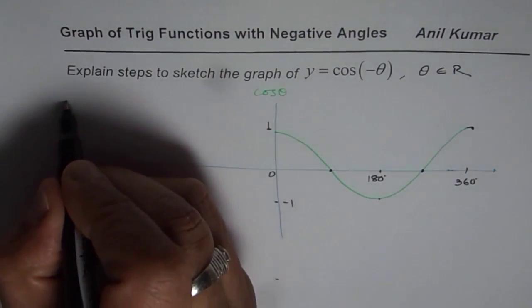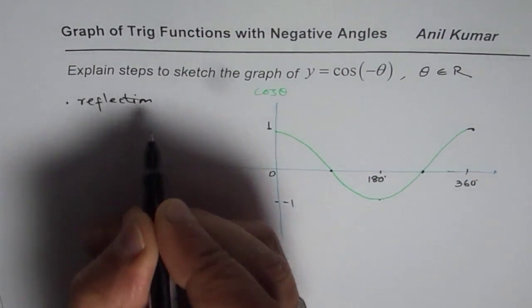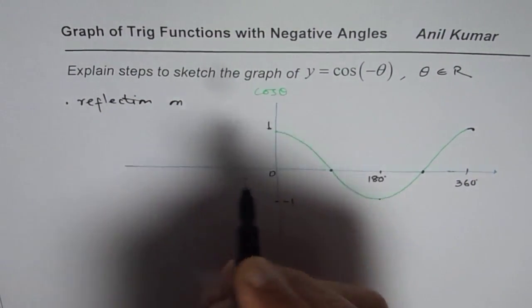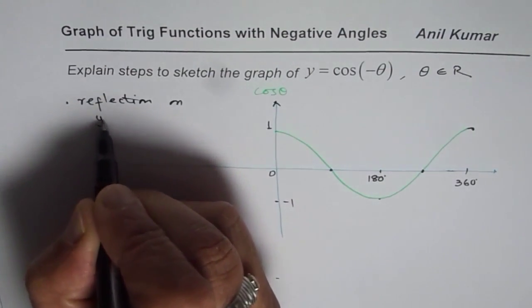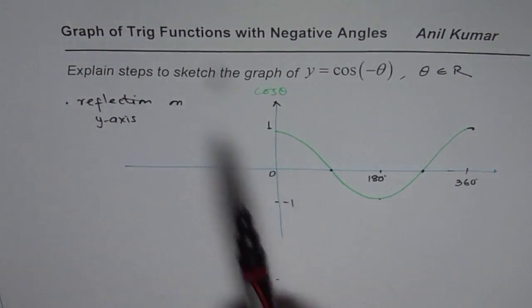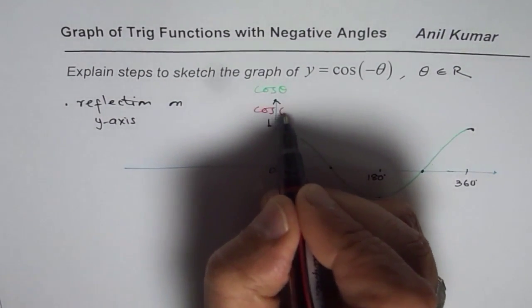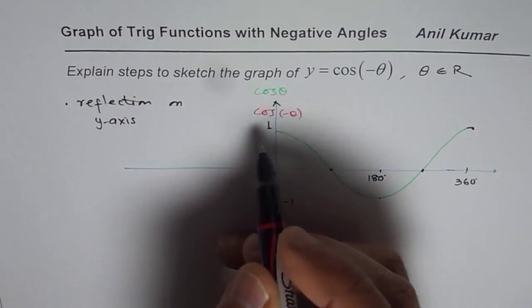Cos of minus theta means reflection on y-axis. So basically, if I reflect this wave, I get cos of minus theta. So let me sketch cos of minus theta as a reflection on y-axis.